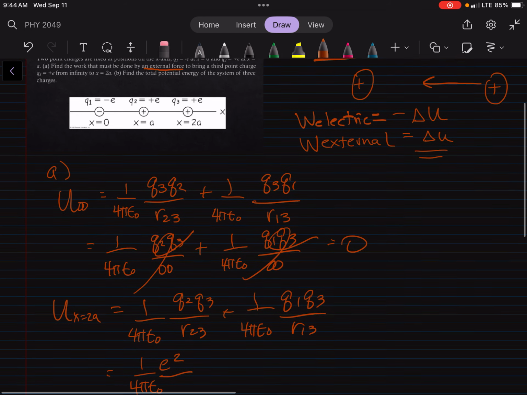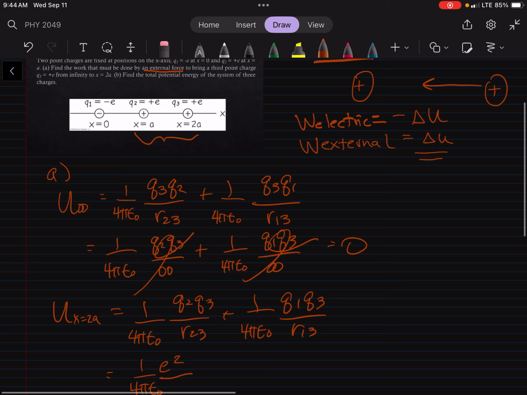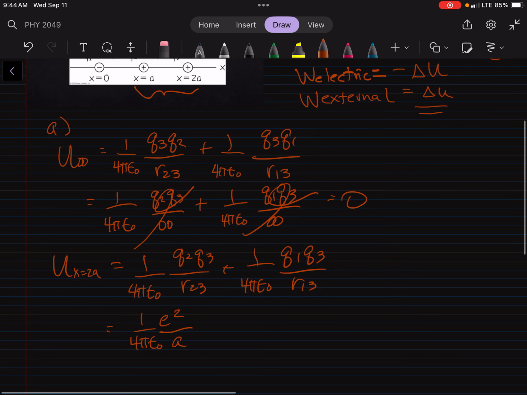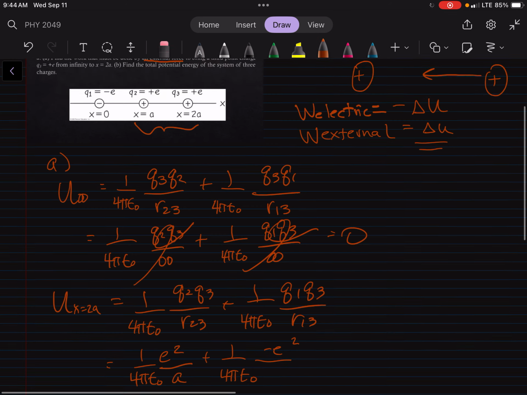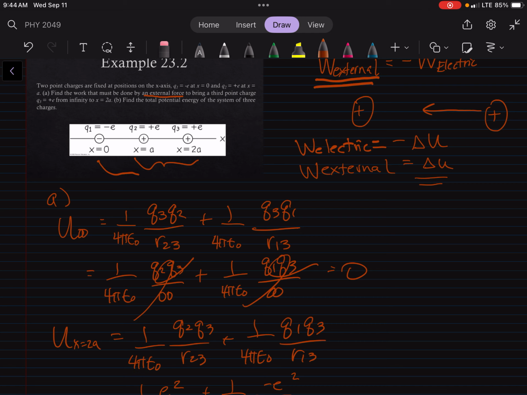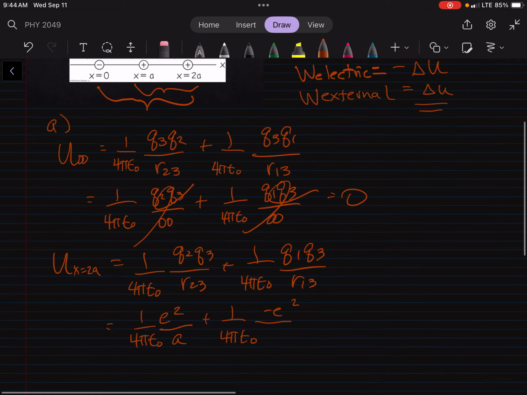The distance between 2 and 3 is simply a. Q1 was negative e, Q3 is, oops, I should not have written parentheses, right? That would ruin my negative sign. It's a negative e squared, right? It's negative e times e. And the distance between Q1 and Q3 is 2a.